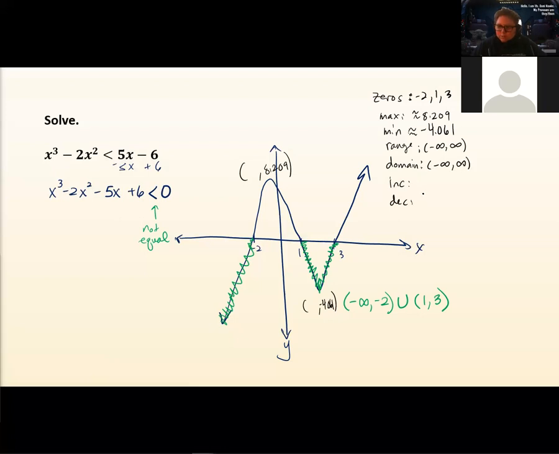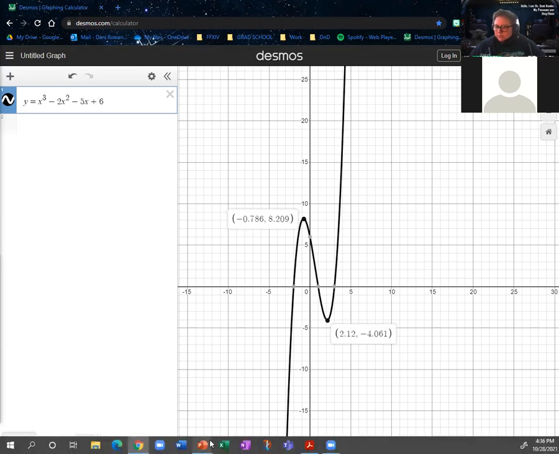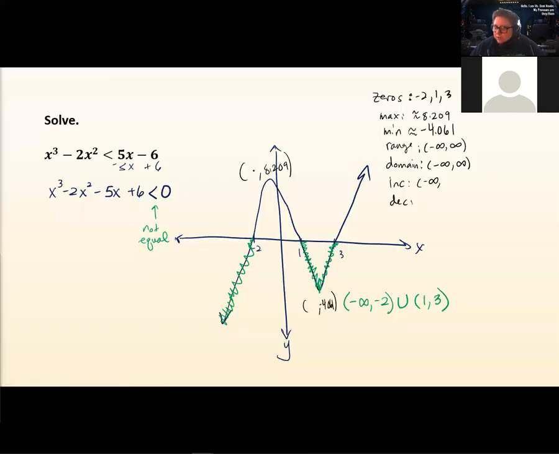Where is it increasing? It increases from -infinity all the way up to the max. I don't know what the max is. Yeah, let's take a look at the graph for that. Negative 0.786. So negative 0.786. And then it's also increasing from 3 to infinity.